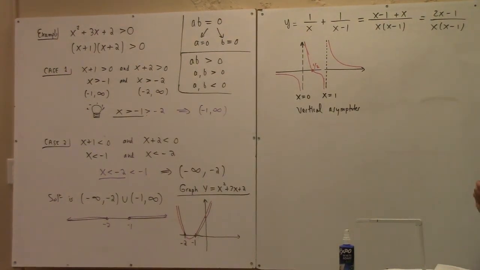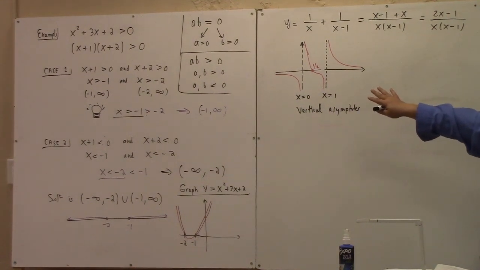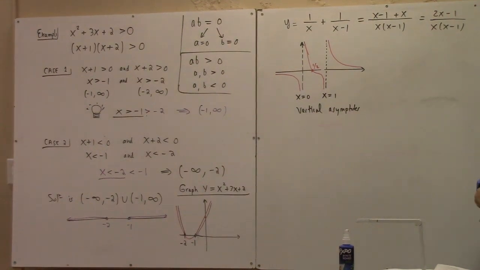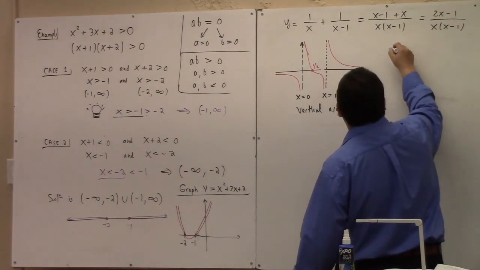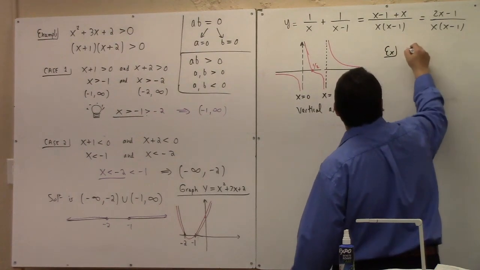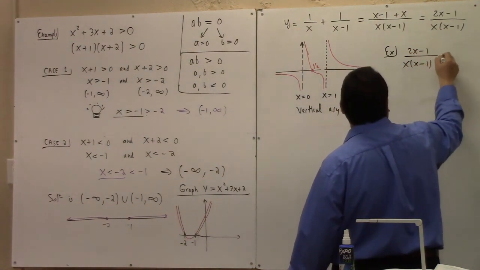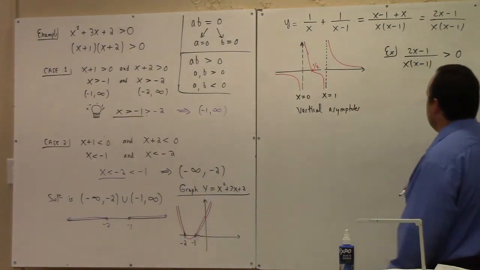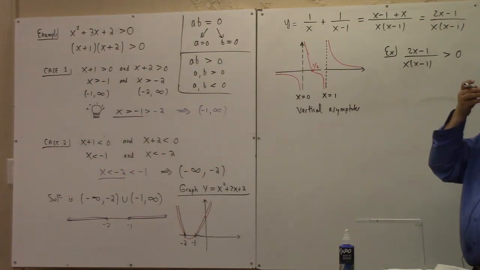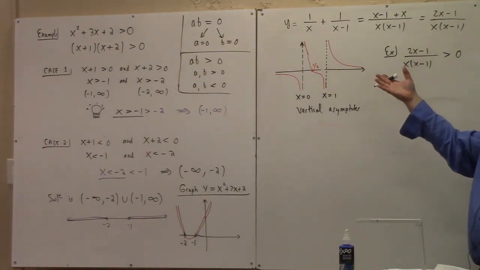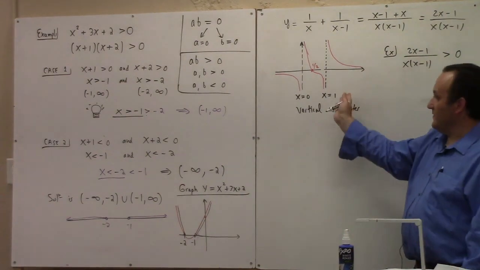So, now that I've done all this work presenting this graph for you, we could solve an inequality, right? 2x minus 1 over x times x minus 1 greater than 0. You could easily solve that since we have the graph right there. This is positive wherever the graph is above the x-axis.